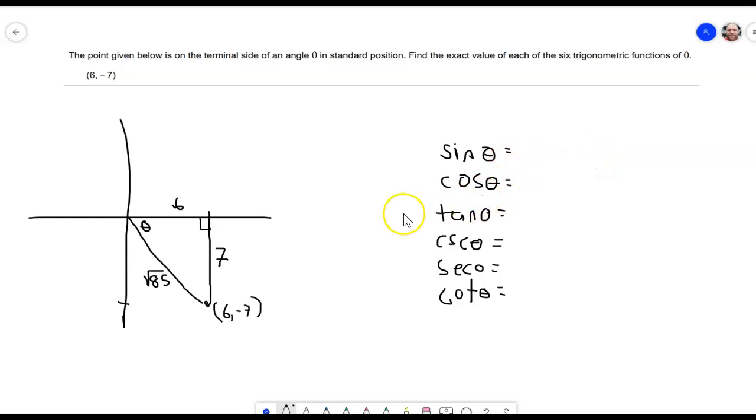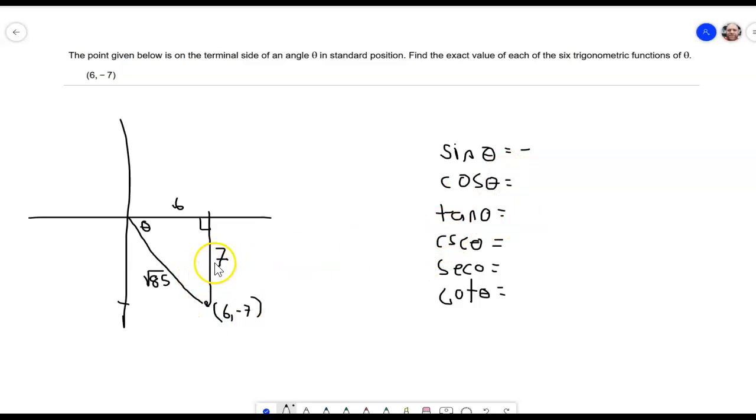All right, so what are we going to do here? So here, sine is going to be negative. Cosine is going to be positive. I'll need to put a positive there. Tangent will definitely be negative, right?